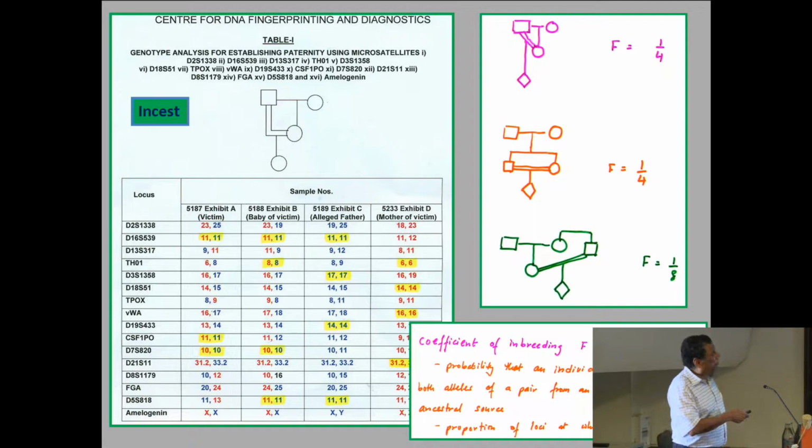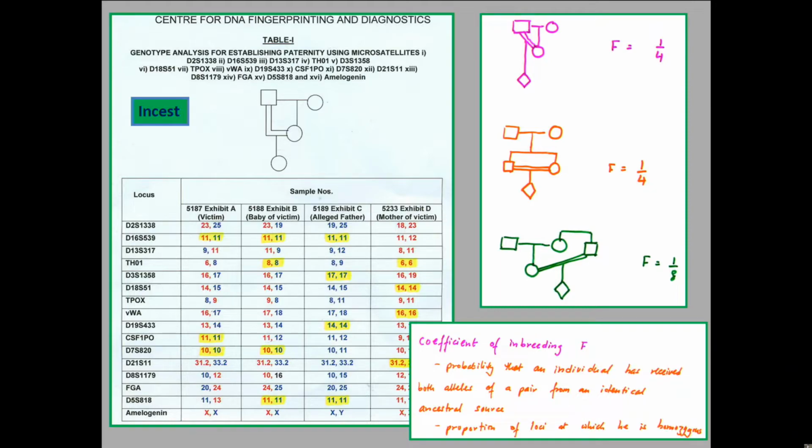So if you have a father-daughter mating, the probability of the locus being homozygous is 1 by 4. That's because if you consider one allele coming from the father, let's say that goes with the probability of 1, the other allele could be the same because that could be inherited by the daughter, right, with a probability of half, because the father has 2 alleles.